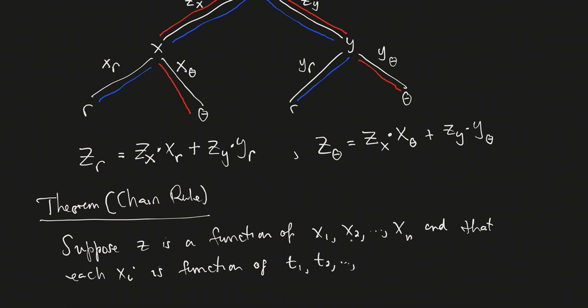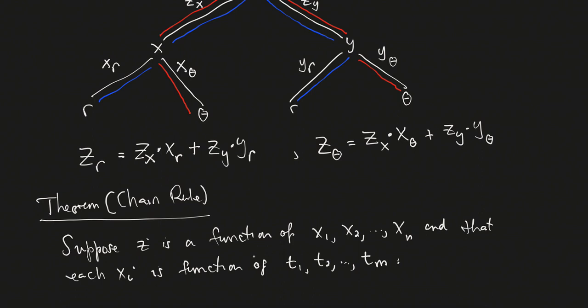The number of x's and the number of t's don't have to be the same, so I'll use a different subscript here. So we have z, which depends on lots of these, and each of these depends on a lot of these. What we would like to write down is, for instance, the rate of change of z with respect to t1, or with respect to t2, and so forth.